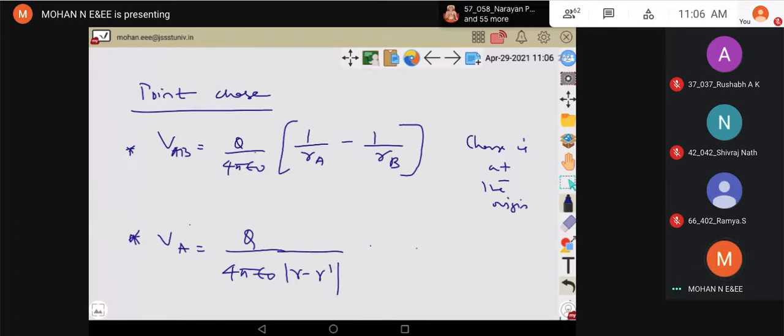So R dash is the distance of the charge from the origin. R is the distance of the point from the origin, and R minus R dash is not the distance vector, it is only the position of the point A. Okay, this is the point charge.